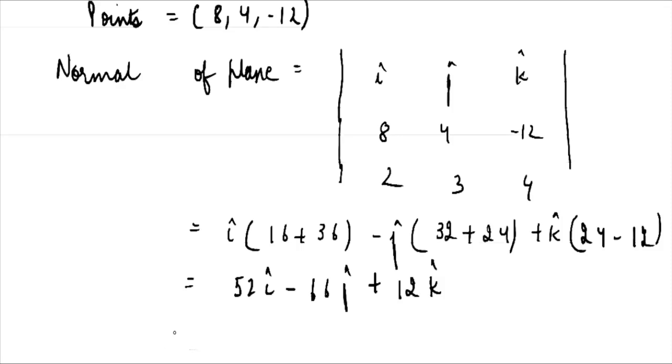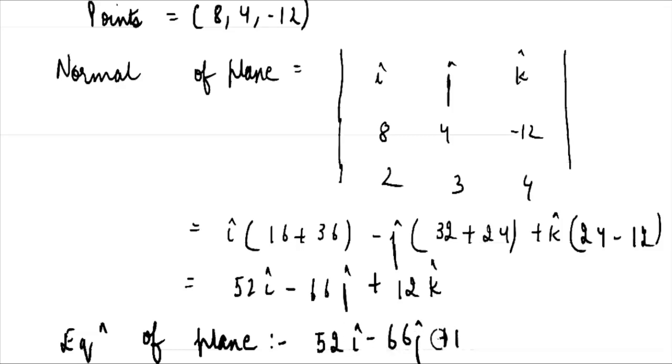Now what would be the equation of the plane? Let's find out. The equation of the required plane would be 52 i cap minus 66 j cap plus 12 k cap multiplied with x i cap plus y j cap plus z k cap equal to 0.